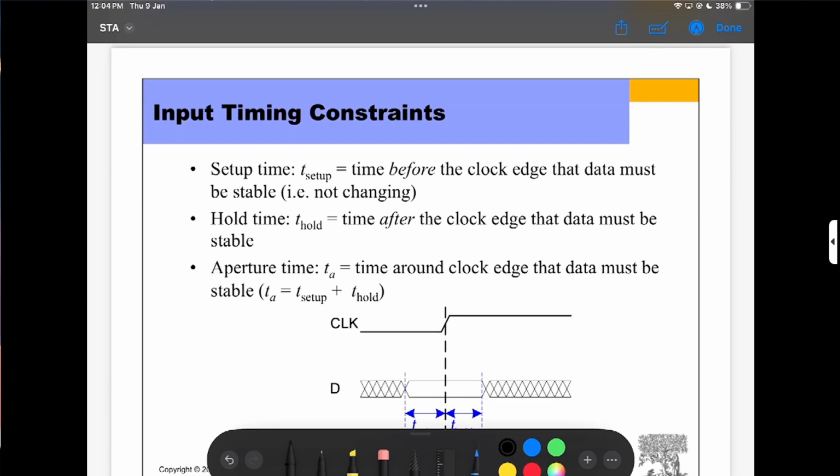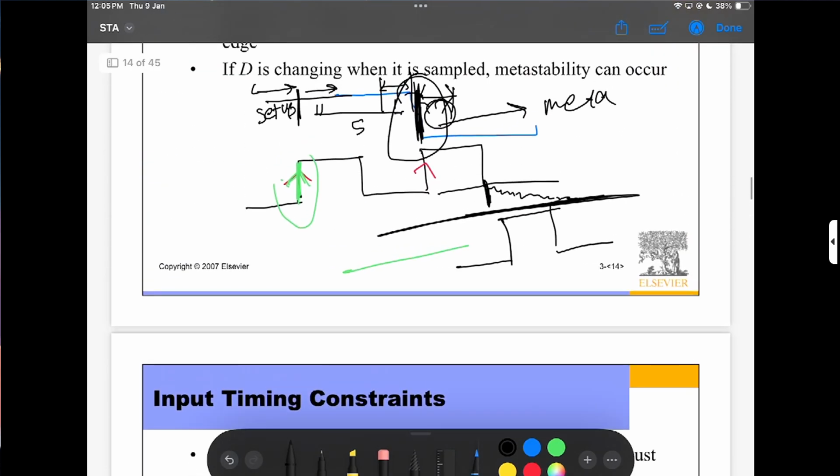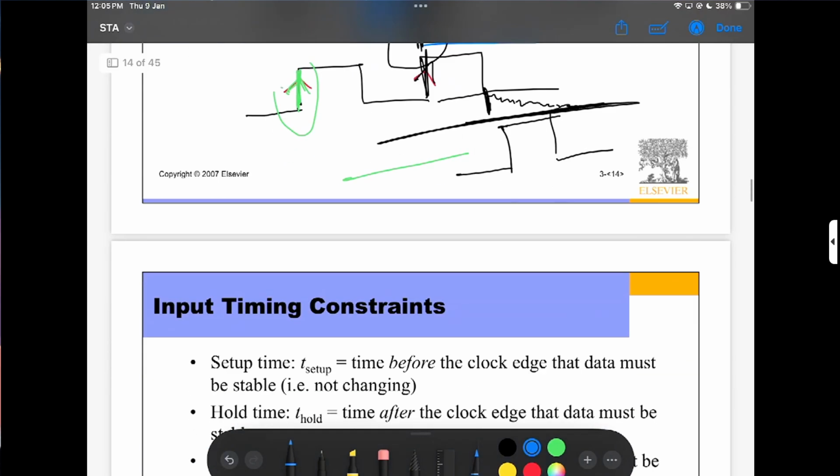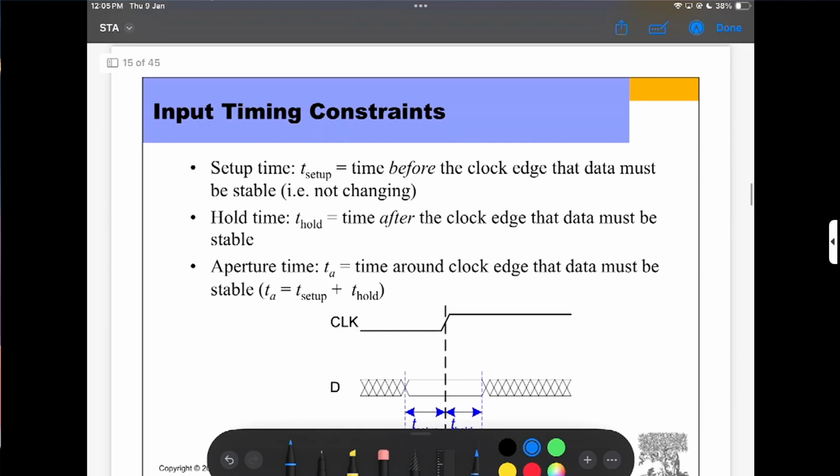Input timing constraints: setup time, T setup, is the time before the clock edge that data must be stable. I already told you that before the clock edge, my data should be stable. In this period, data should be stable. And hold time is the time after the clock edge that the data must be stable.